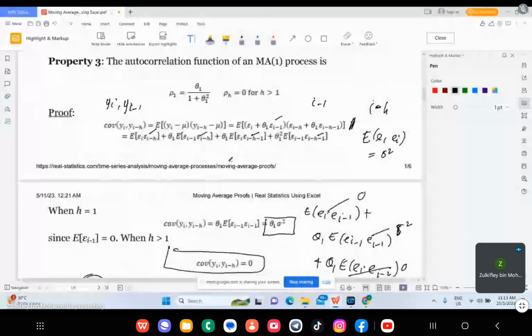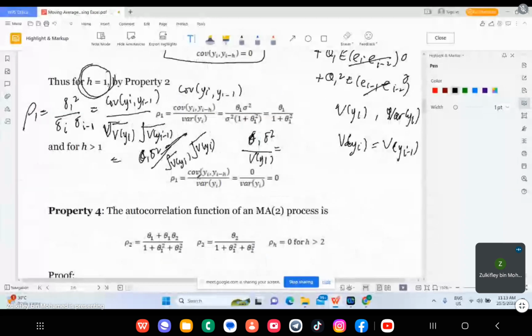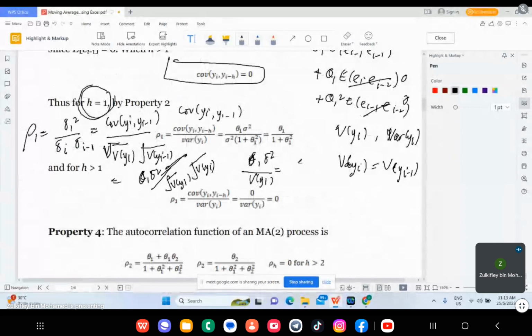So this will give me the answer: theta 1 sigma square over variance of yi.